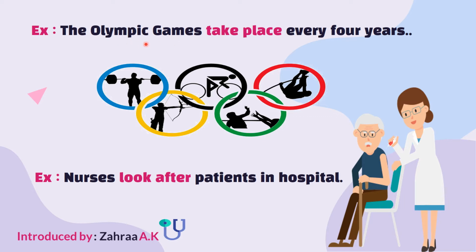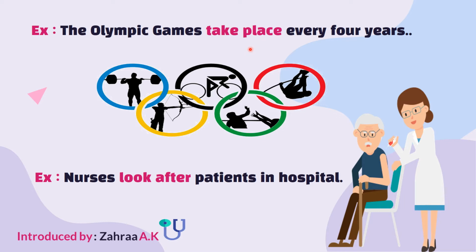So the subject is plural. إذن الفاعل هو جمع. The main verb is take place, تقام. الألعاب الأولمبية تقام أو تحدث. With take place I did not add the third person s. ما قلنا takes place.